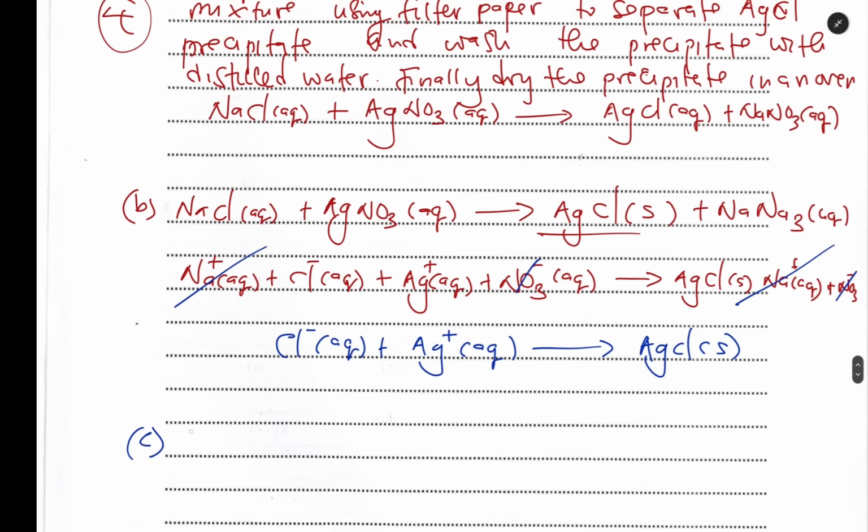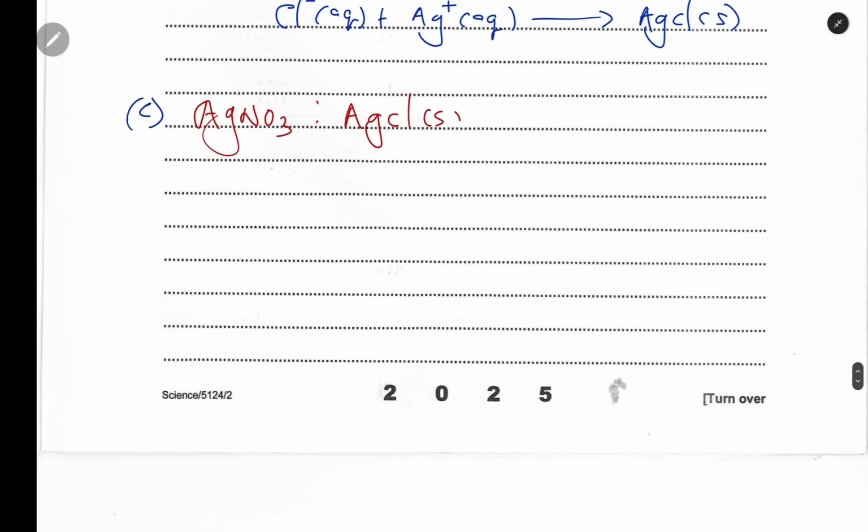So we have silver nitrate, AgNO3, to AgCl. We want to find the mass. Here we are going to use what we call mass to mass. We find the molar mass of this one, and we treat it as mass, and also that one as mass.